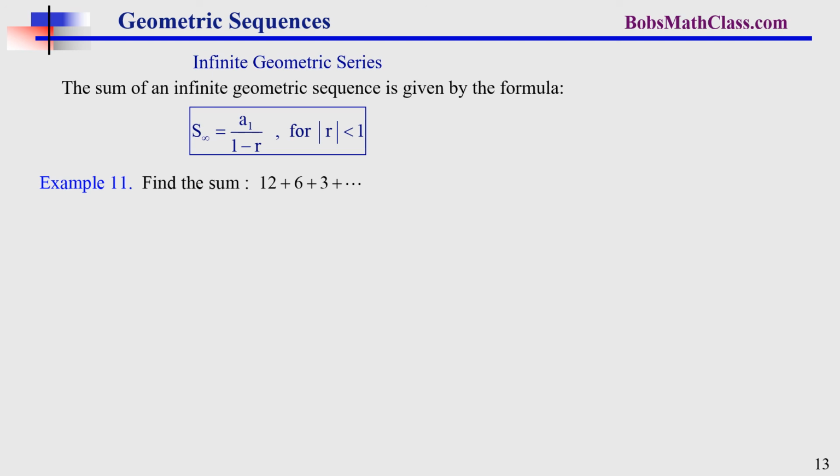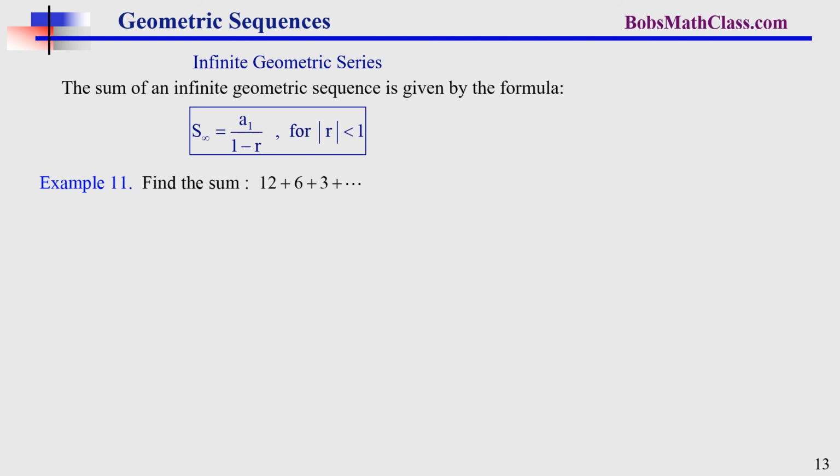Well, it is strange, but there has to be a condition, and here's the condition: the absolute value of r has to be less than 1. What does that mean? It means it has to be less than 1, but greater than negative 1. So it has to be between negative 1 and 1, and not 0.